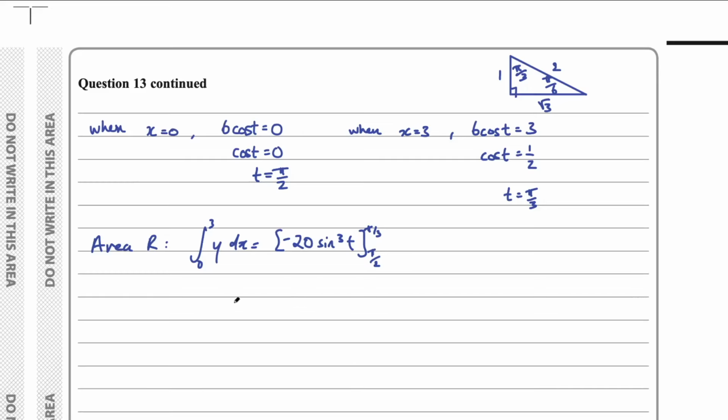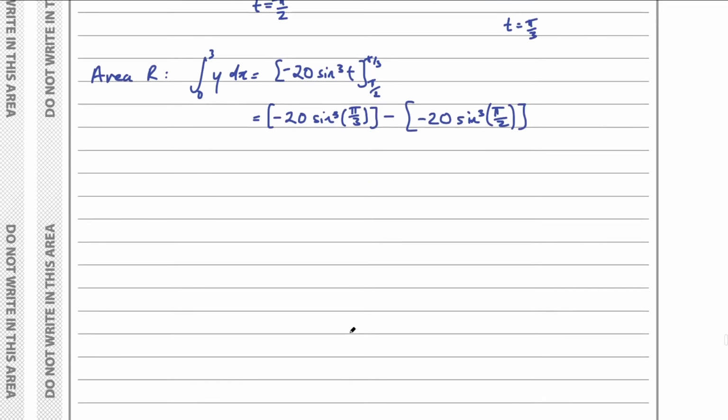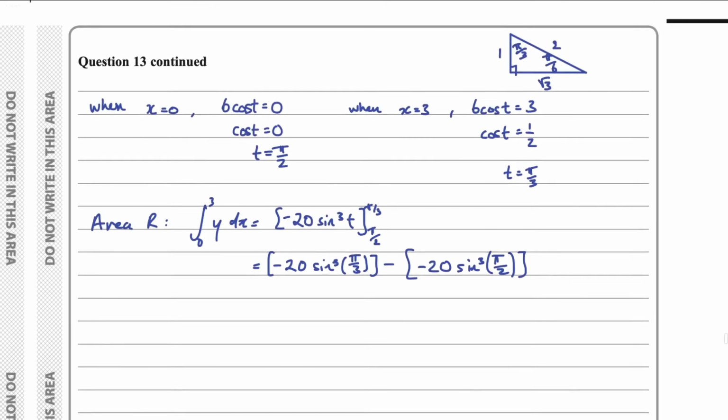So now we're looking for this definite integral. We need to plug in pi on 3 first. So we'll have negative 20 sine cubed of pi on 3, subtract negative 20 sine cubed of pi on 2, and that should give us the area R. The sine of pi on 3, well, let's go back to our little absolute values triangle.